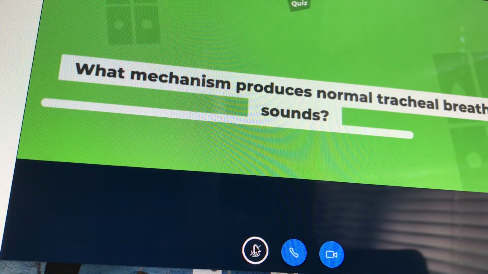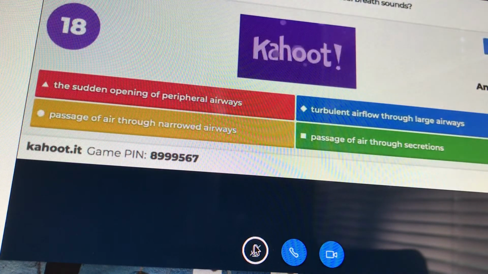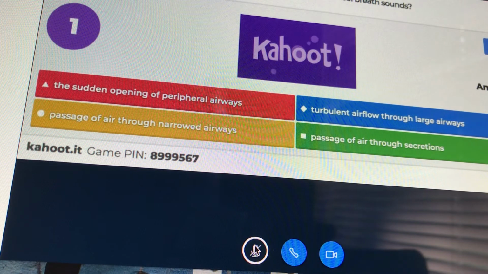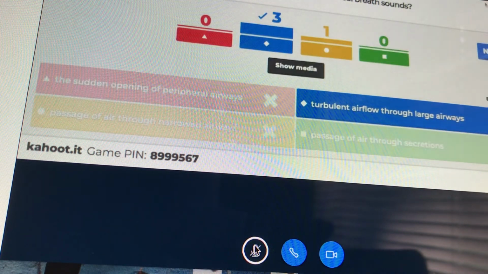So what mechanism produces normal tracheal breath sounds? That would be turbulent airflow through the large airways.